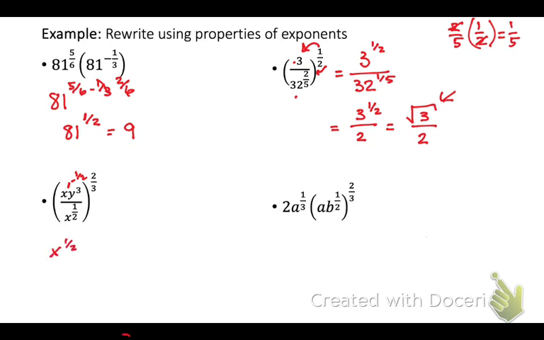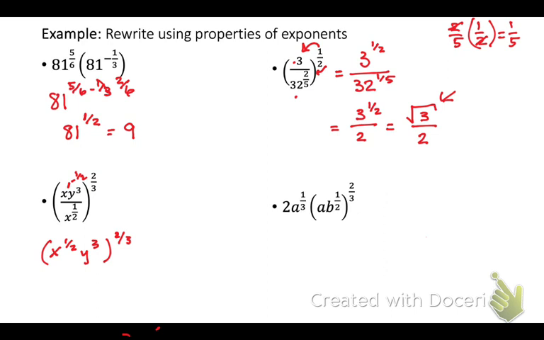How do you know if it goes on the top or bottom? Which one is bigger? X to the first. So you're going to go up. Okay, and y to the third, all to the 2/3. Now, could I have distributed the 2/3 first and then reduced? Yeah, but it would have been bigger numbers and harder to do.